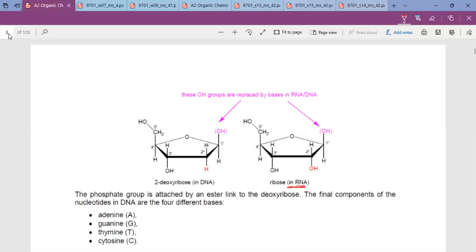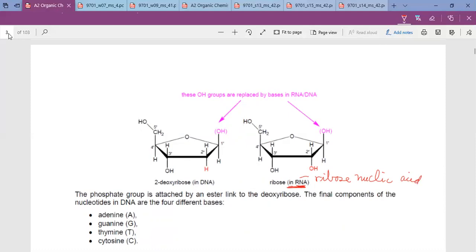Now RNA is the other type of thing in our body, almost the same as DNA, but it comes with a different base. Now mind, okay. Now RNA is ribose nucleic acid, okay. Right?